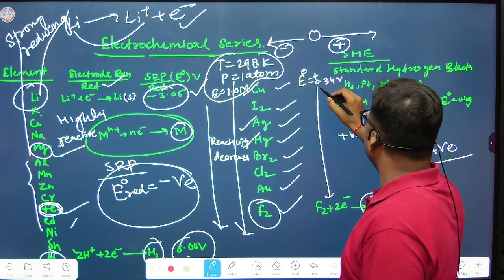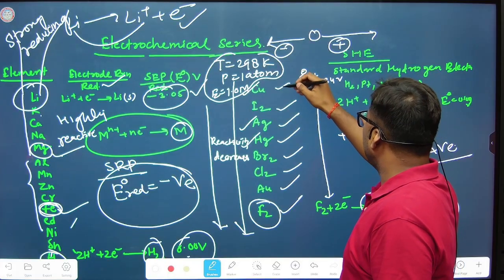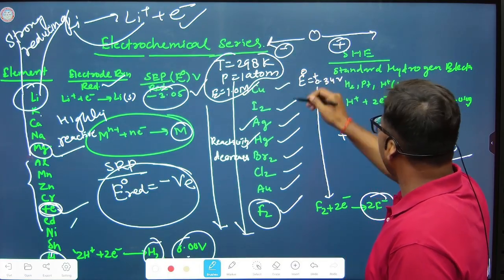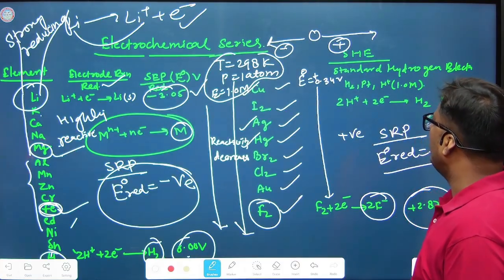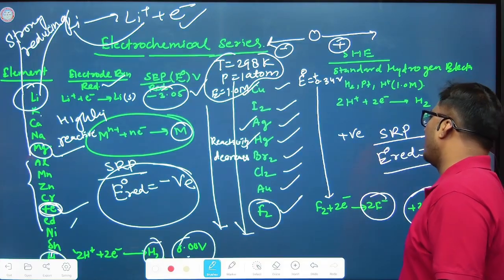Because of positive standard reduction potential, they have a poor tendency to lose their valence electron, right?